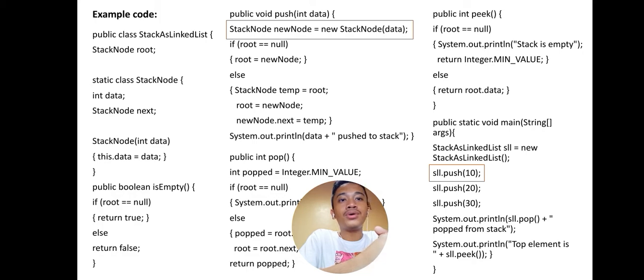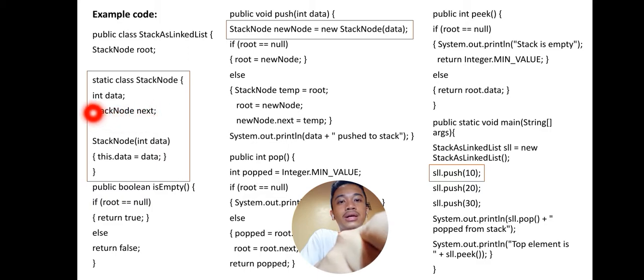First we have the instantiation or object creation of stack node, named as new node. Since it was called, it will declare the integer variable data, and it will also declare the stack node next with the constructor. Then under it is this dot data equals data.